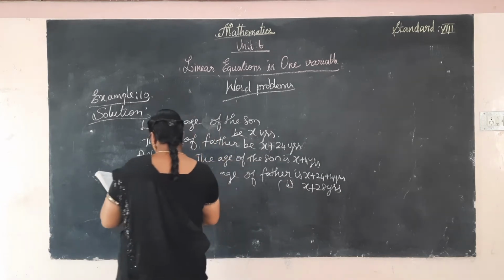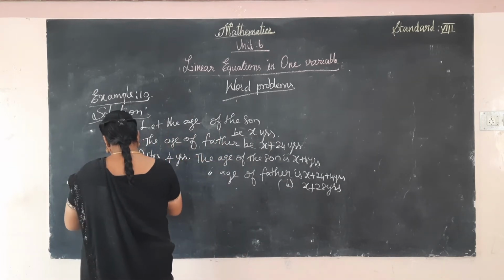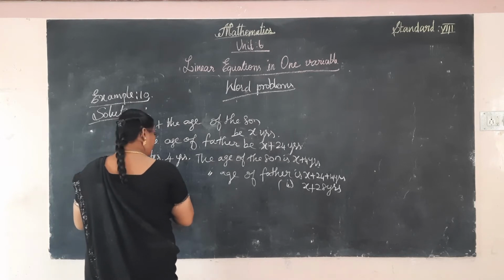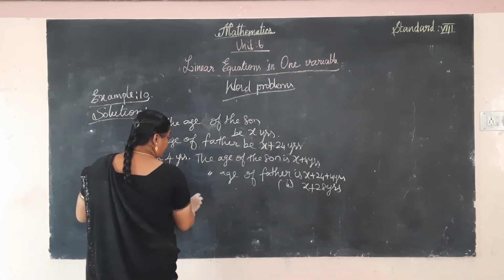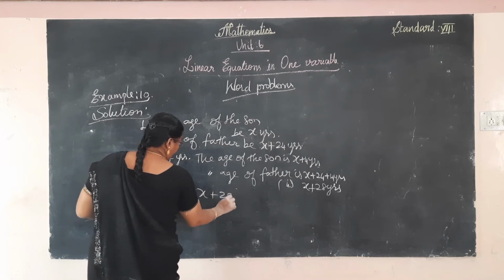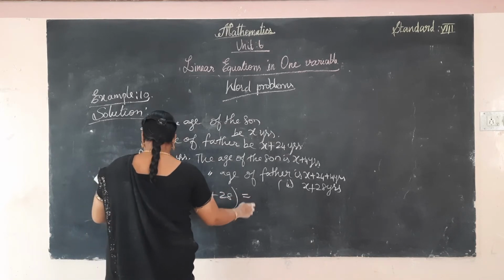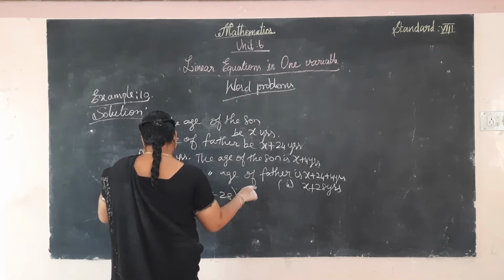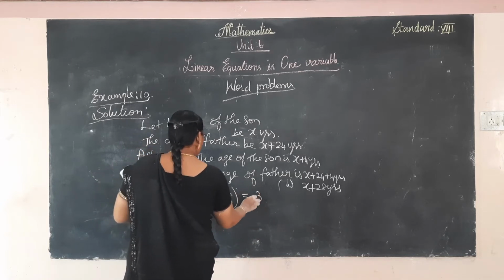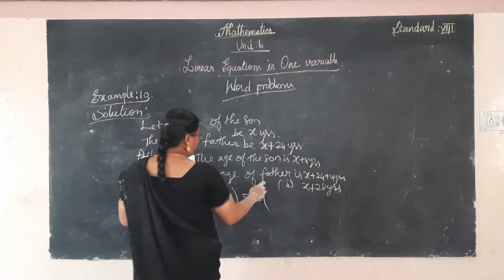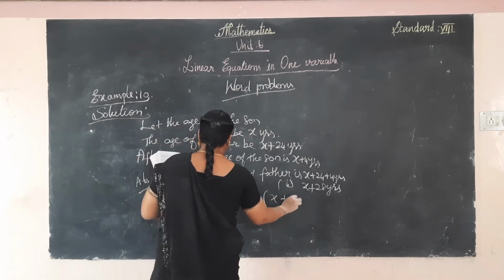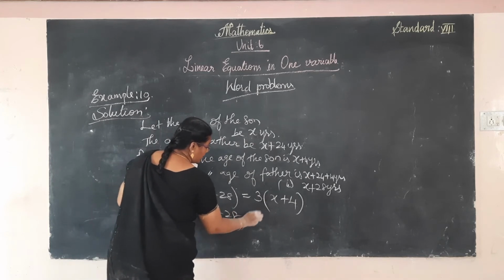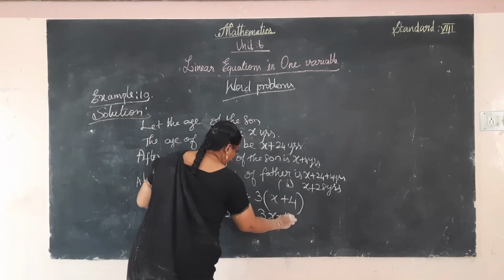What is the condition? According to the condition, the father's age x plus 28 is equal to thrice the age of the son, so x plus 28 is equal to 3x plus 12.